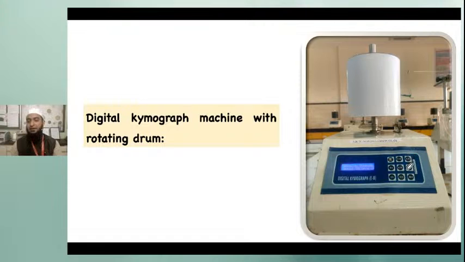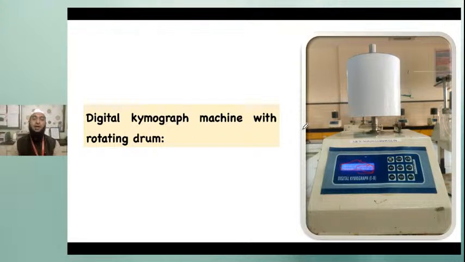You can select different RPM based on the type of experiment you are doing or the type of tissue you are using. Likewise, this digital panel also shows you the time for which you are running the drum.